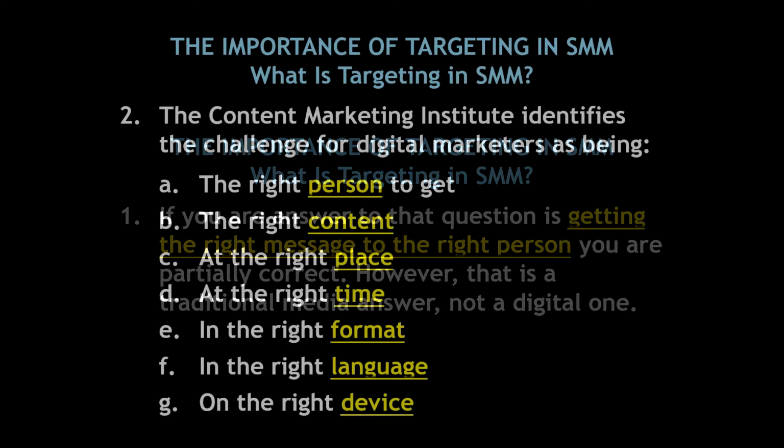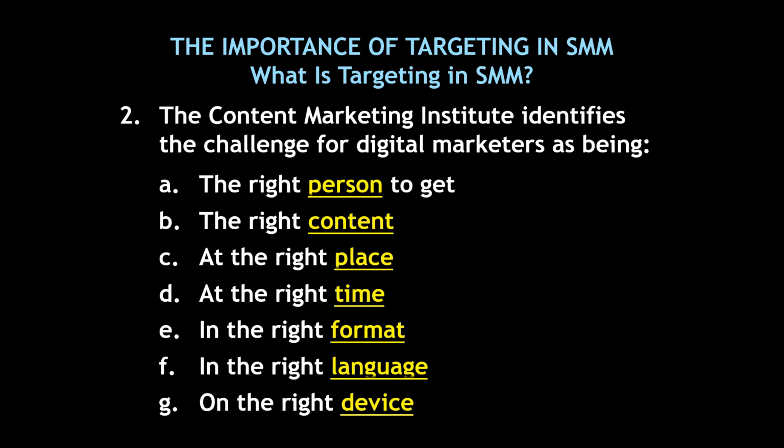The Content Marketing Institute identifies the challenge for digital marketers as being to get the right person to the right content at the right place, at the right time, in the right format, in the right language, on the right device. So there's a lot of factors that are going into play.